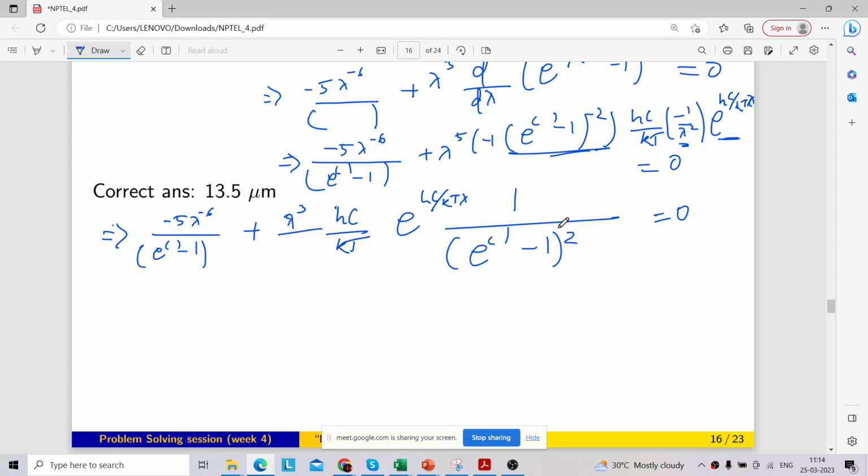So this will be 0 at what? Lambda equal to lambda max.